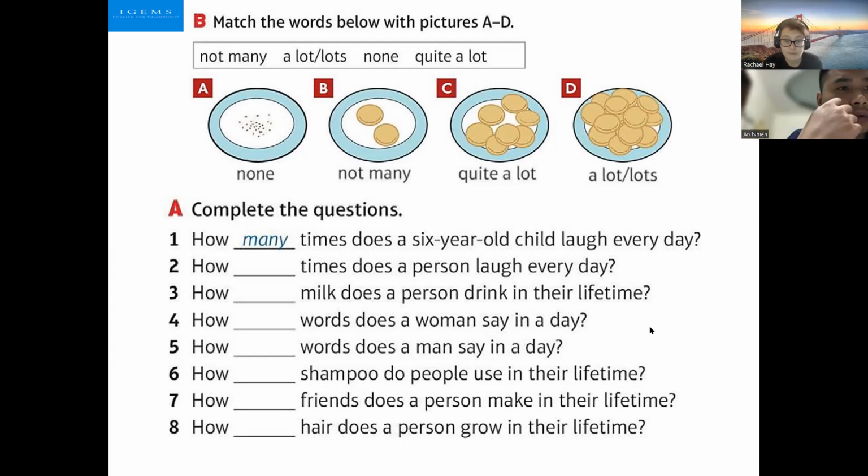How many times does a person? Okay, number 3. How much milk does a person drink? Good.